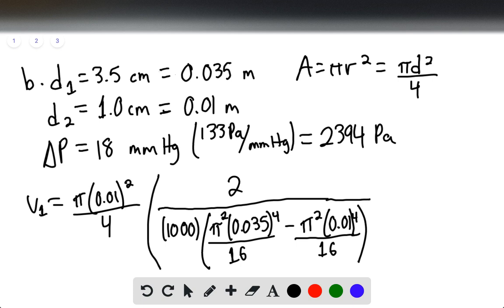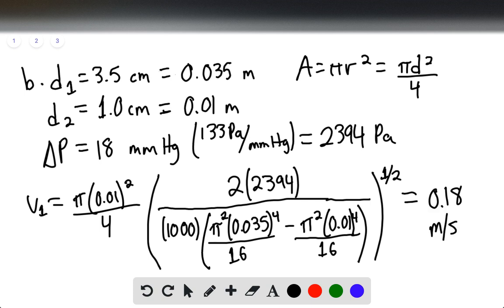And then on the numerator, we'll have 2 times 2,394, all to the 1/2 power. And we find that this is going to be equal to 0.18 meters per second. So this will be our answer.